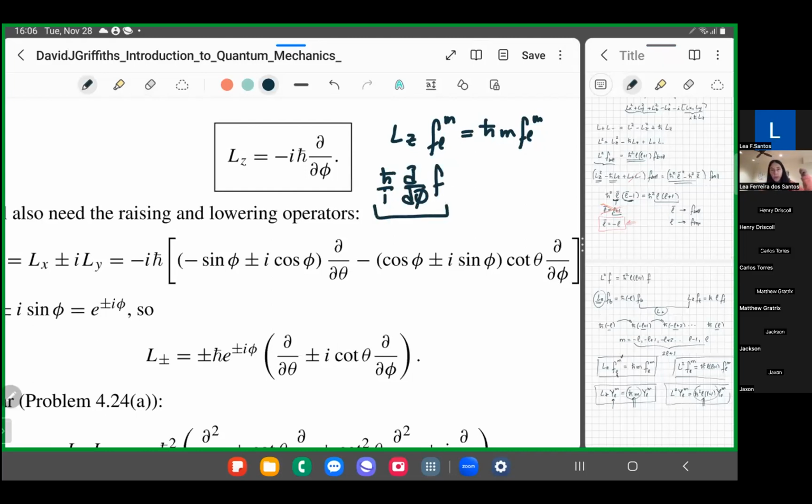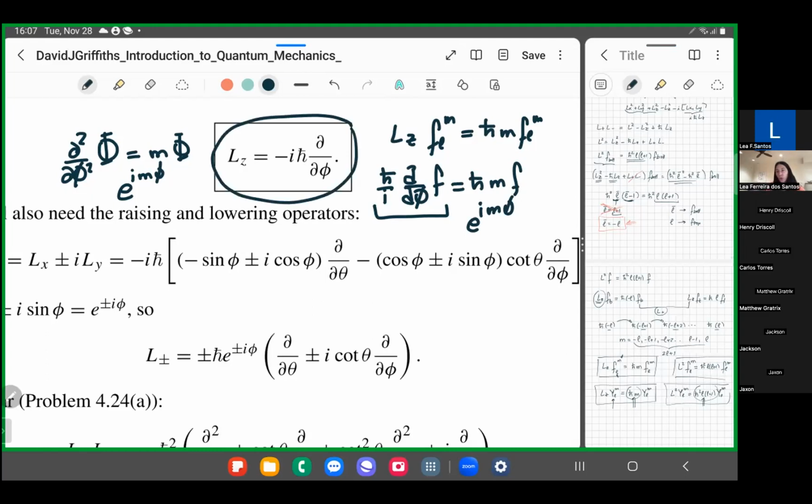This is very similar to that equation that we solved when we started this chapter, that second order derivative in phi that gave us m, the part of the wave function that depended only on phi. And we said the solution for this is exponential of I m phi. Well, again here, what is going to be the solution of this equation? That I m phi. So you see, if you put it in spherical coordinates, you go back to the equations that we dealt with in the beginning.